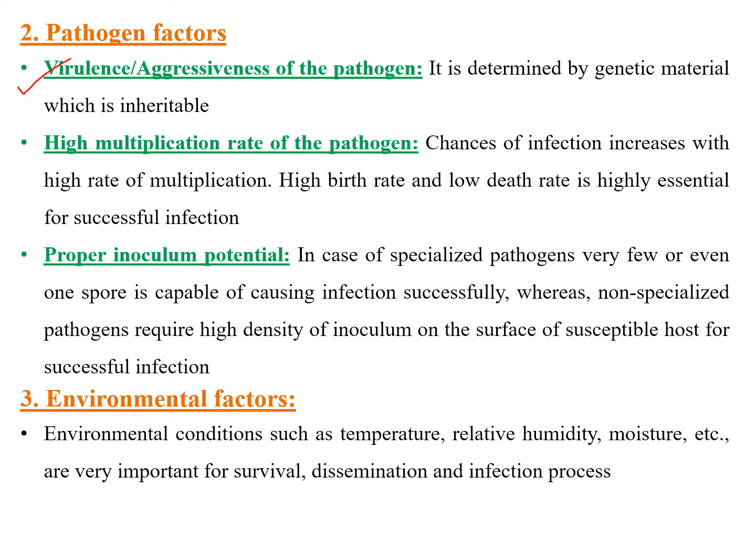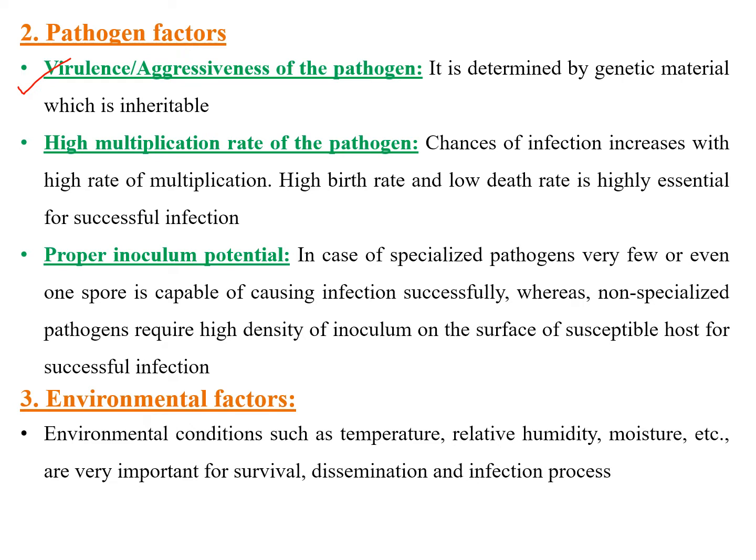And coming to the third factor, that is proper inoculum potential. Whatever inoculum is available for causing infection, it should have a particular potential to create a successful infection within the host plant. As I already told in the previous slide, in the case of specialized pathogens like rust and powdery mildew, even very few or even one spore is capable of causing infection successfully.